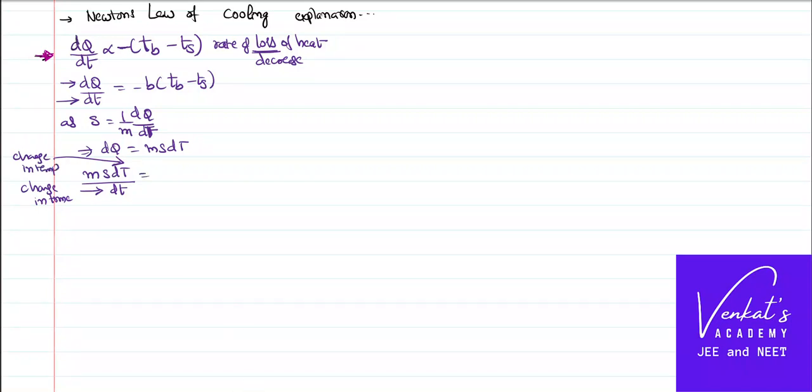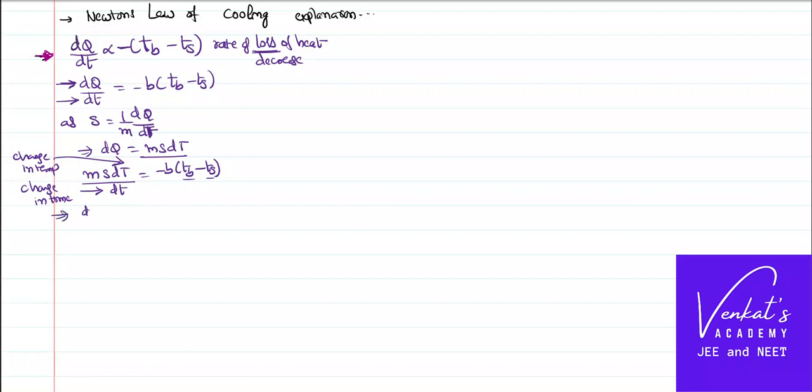Equal to, I have substituted this dQ value in this equation, minus b times the temperature of the body minus the temperature of surroundings. These temperatures need not be in Kelvin like in other laws such as Wien's displacement law. They can be in centigrade also.